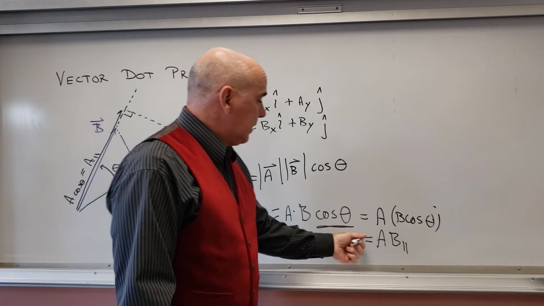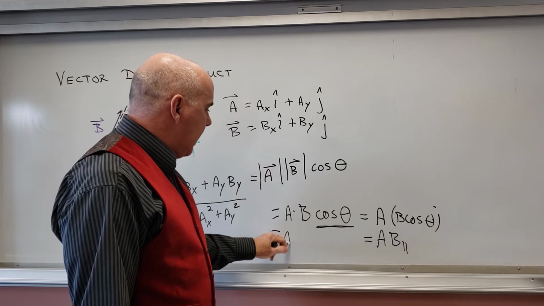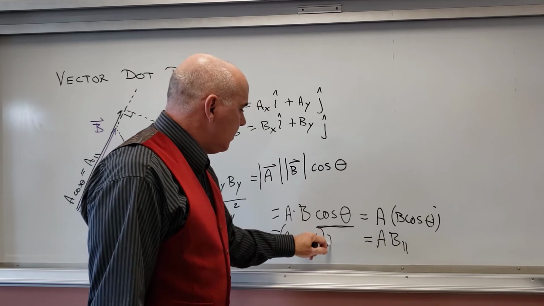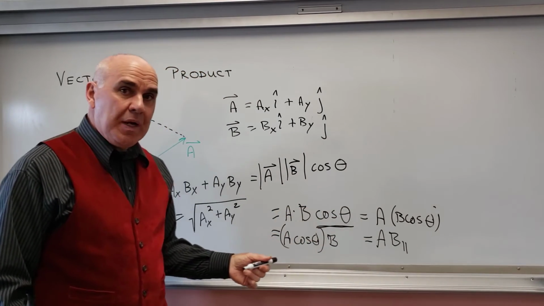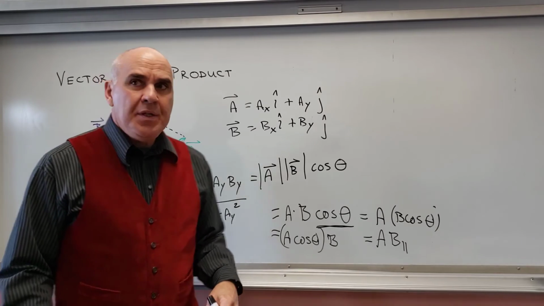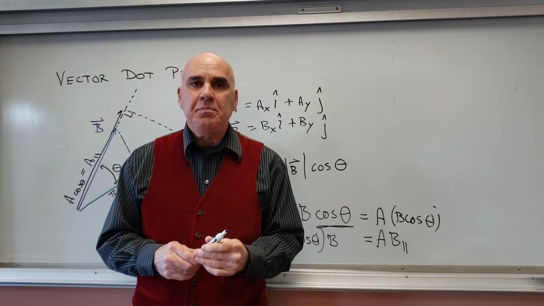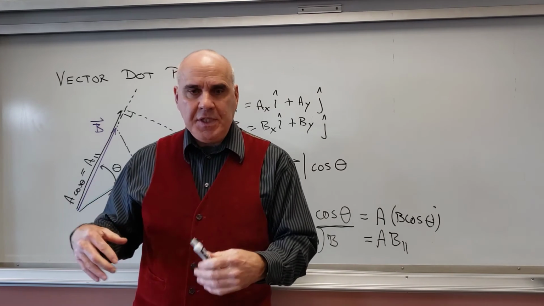But going back to this, it's AB cosine theta. That's just A cosine theta times B. This is all commutative. I can switch the cosine and the B around, and I get A cosine theta times B. So dot products give us components parallel to one vector to the other.